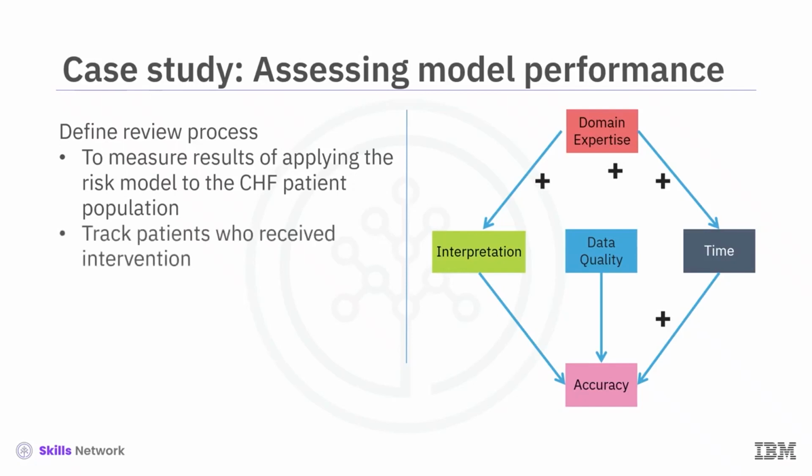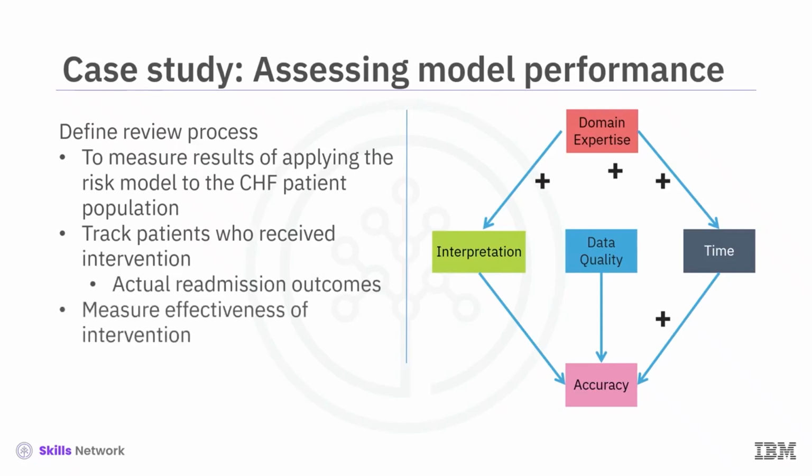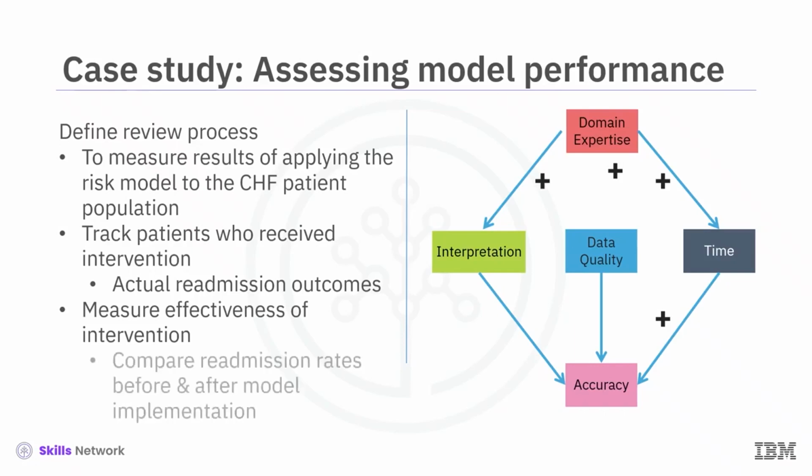Second, congestive heart failure patients receiving intervention would be tracked and their readmission outcomes recorded. Third, the intervention would then be measured to determine how effective it was in reducing readmissions. For ethical reasons, congestive heart failure patients would not be split into control and treatment groups. Instead, readmission rates would be compared before and after the implementation of the model to measure its impact.